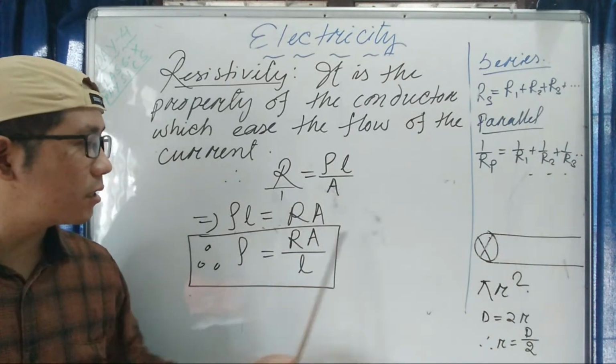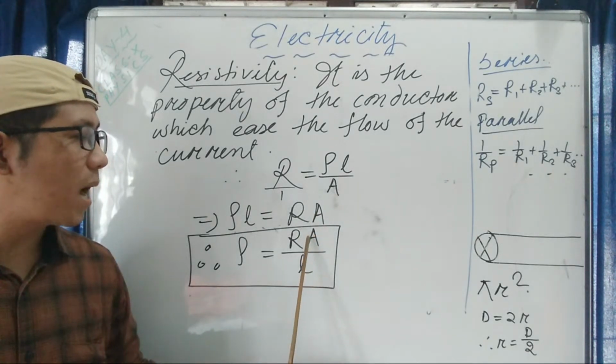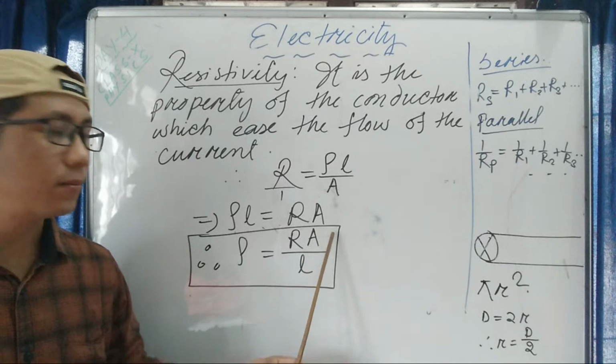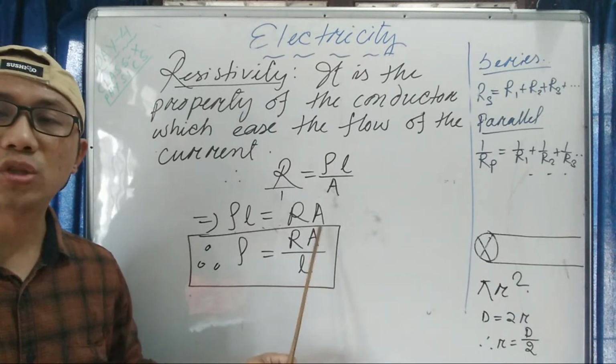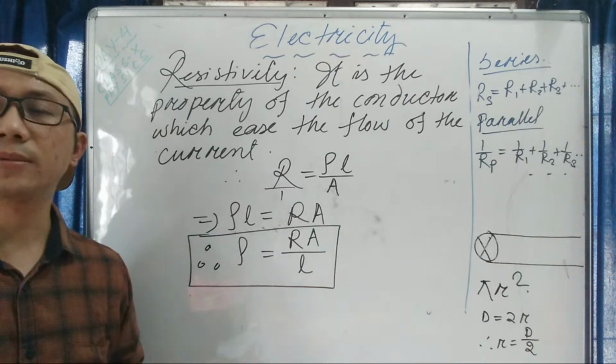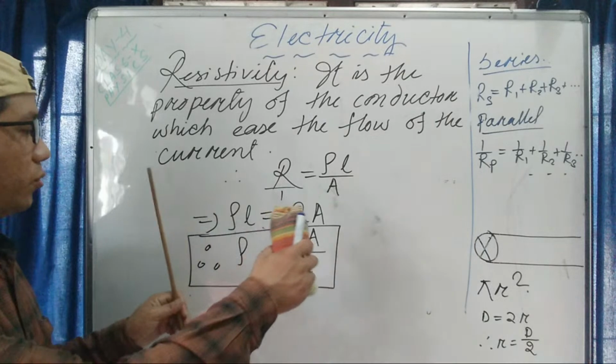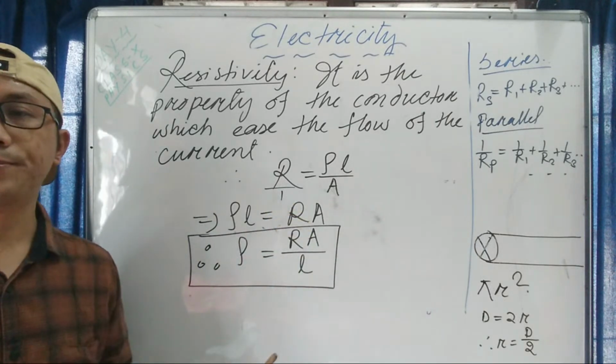Then in the cross-sectional area, pi into d by 2 will be there, squared, and the 2 sometimes comes down. All these calculations we will do in the next class, but just be clear about these things.